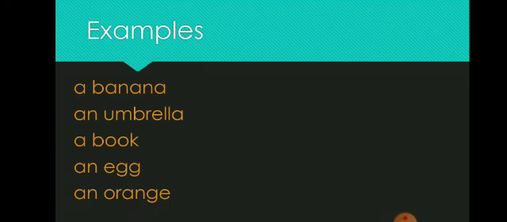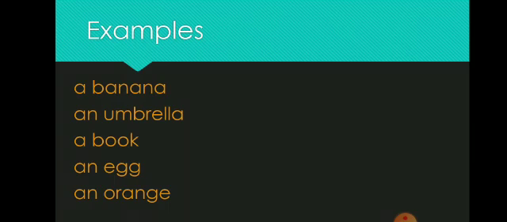Now the third one again, book, a book. Book is a singular object and b is a consonant again, a book. In the fourth example, an egg, e is a vowel sound, that's why we put an before it.